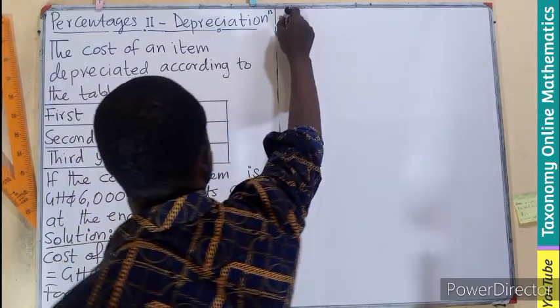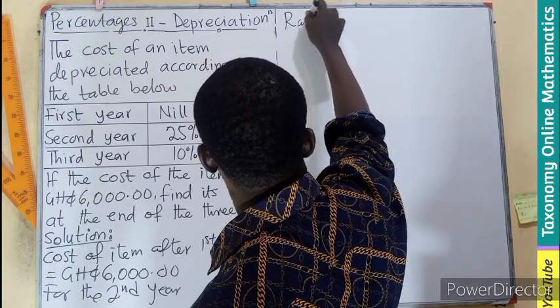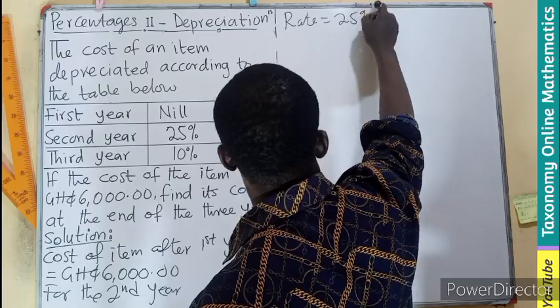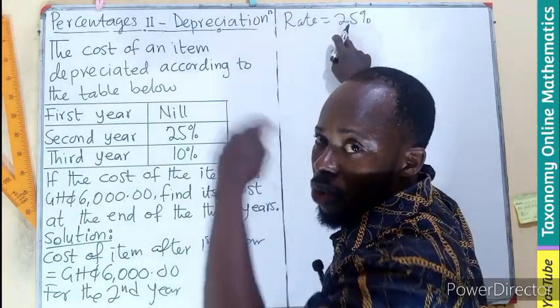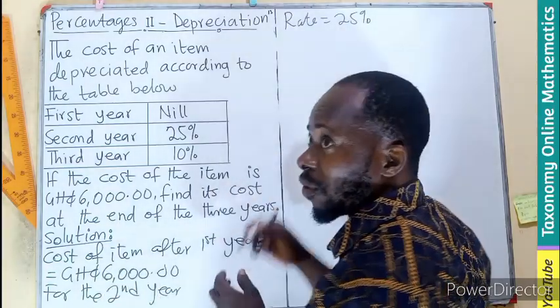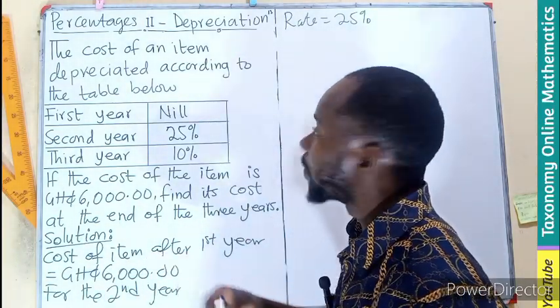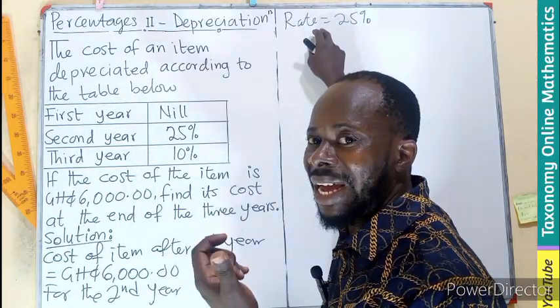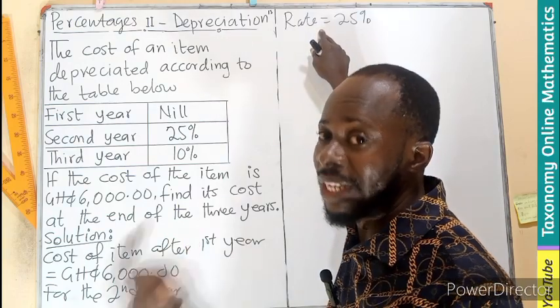we can see that the rate of depreciation is 25% of the original cost, right? And what is the original cost? The original cost is going to be the cost at the end of the first year. So now we know the rate at which the machine is going to depreciate.